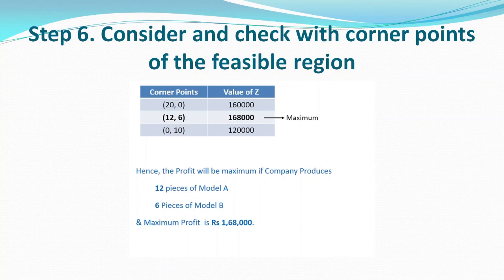Hence the profit will be maximized if the company produces 12 pieces of model A and 6 pieces of model B, and the maximum profit is 1,68,000. This is all about linear programming. Thank you.